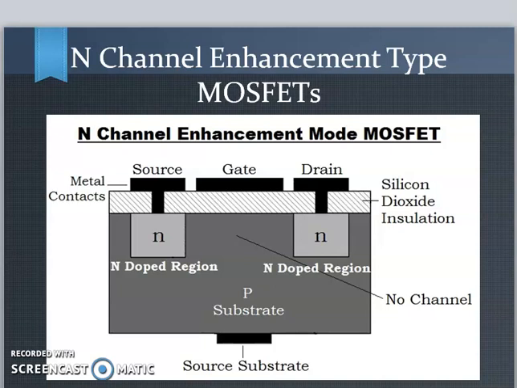Now this is the structure of N channel enhancement type MOSFET. Here you can see the doping, source, gate terminal, the doping of the body, doped region N type and P type substrate body.